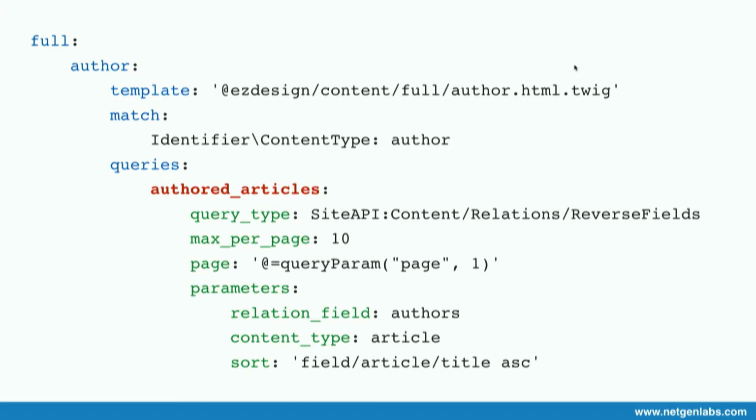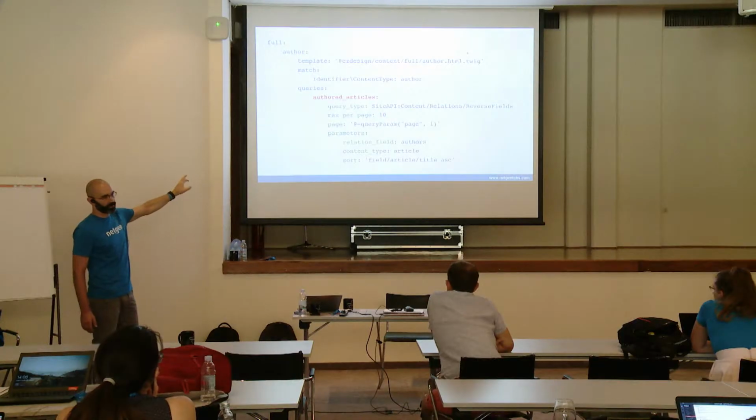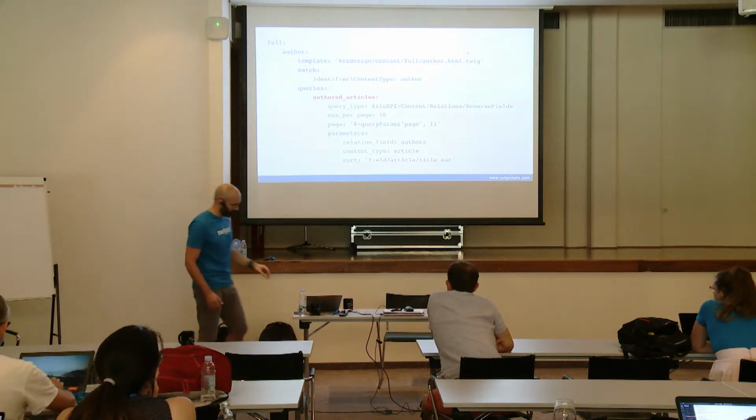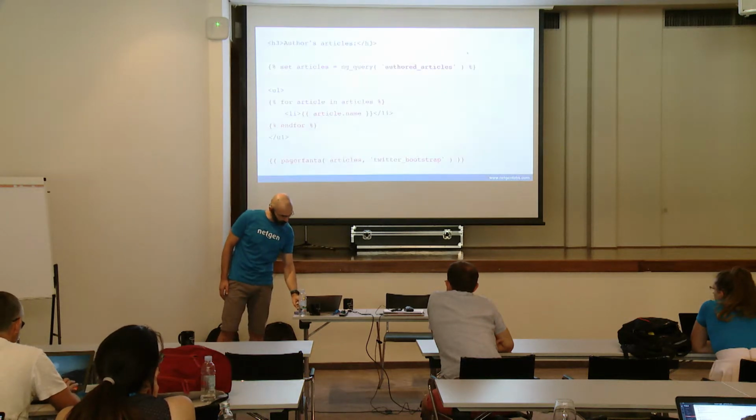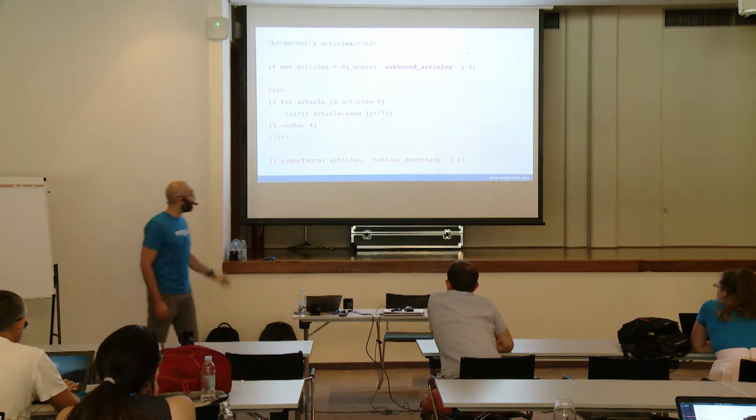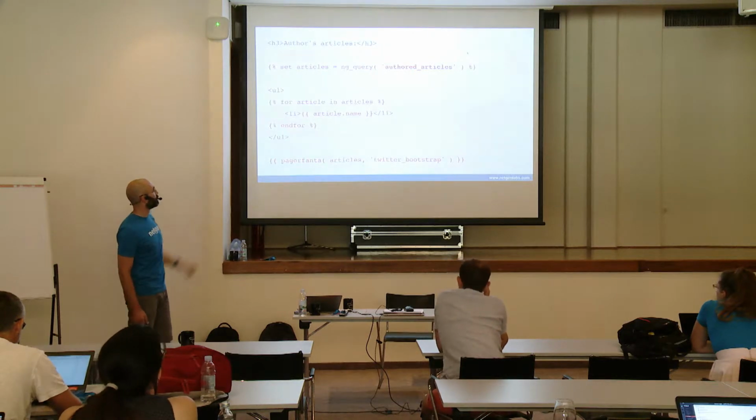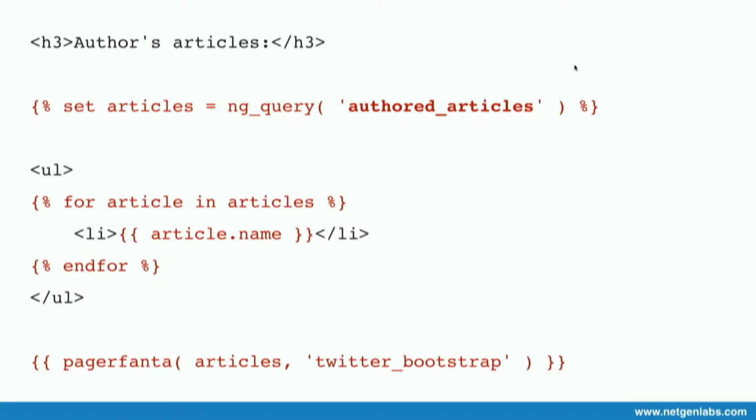Once you did this, then in the author HTML twig, you would have this query available for use. So let's see how this looks. You would access it with the ng_query function. And the argument, the parameter, is the same under which you configured this query.